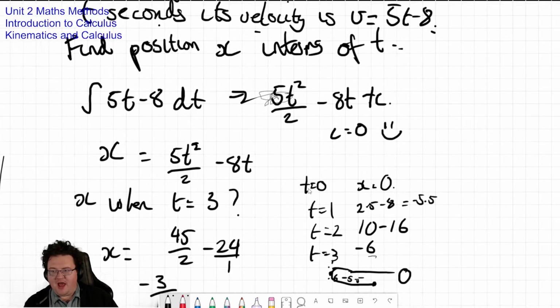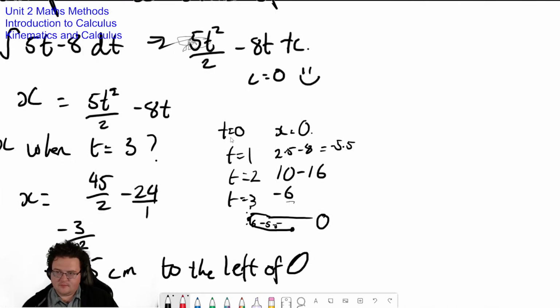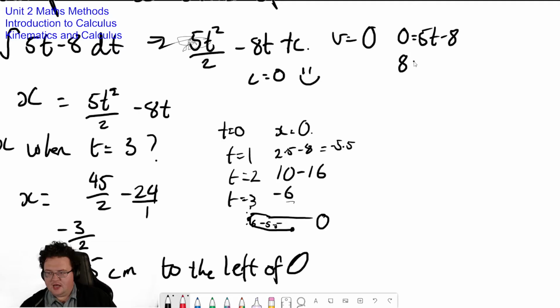So what we need to do is go back to our original velocity equation and find when v equals 0. v equals 0, so 0 equals 5t minus 8. 8 equals 5t, so t equals 8 over 5, so that is 1.6. So at t equals 1.6, its velocity was 0.